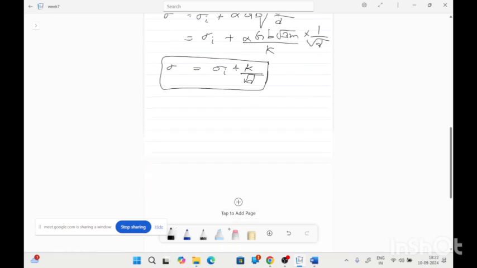One more method is the work hardening theory.